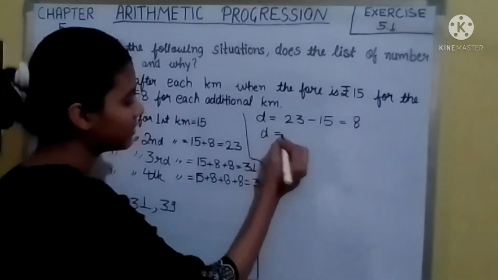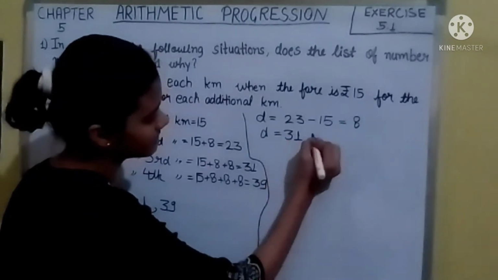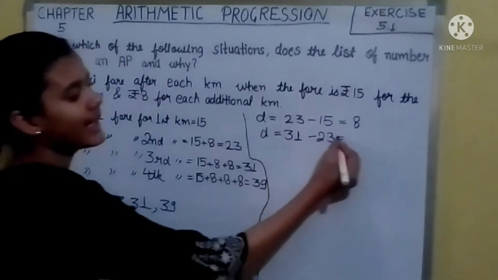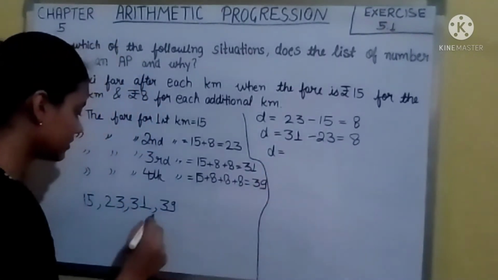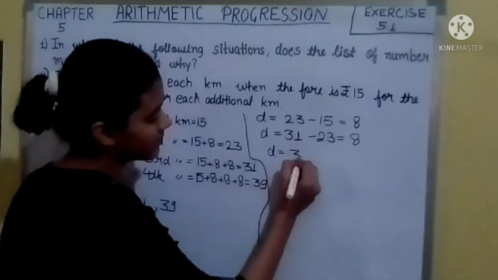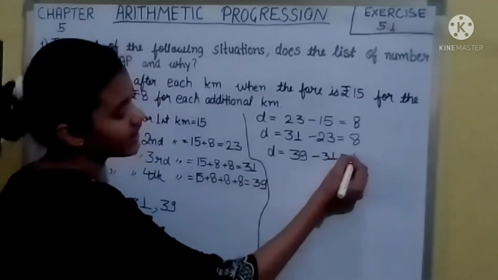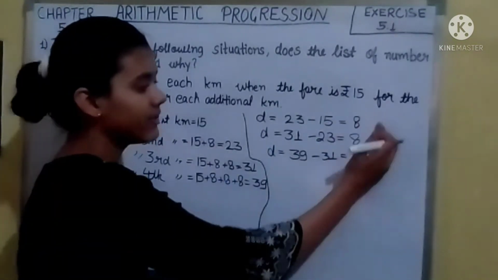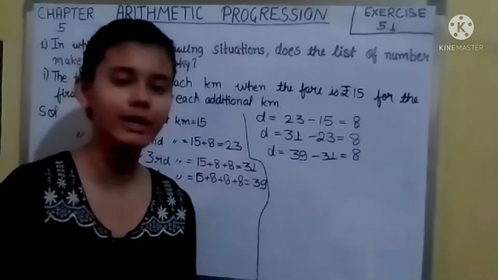Then D is equal to 31 minus 23, we will get 8. Then again D is equal to 39 minus 31 is equal to 8. So what we can see over here is that all are having a common difference, that is 8.